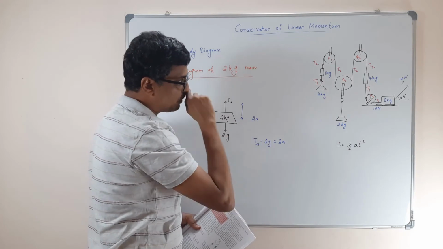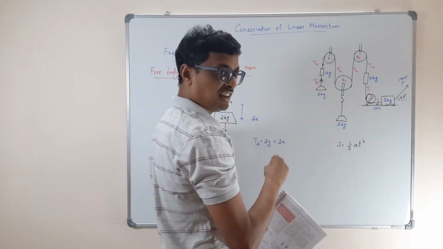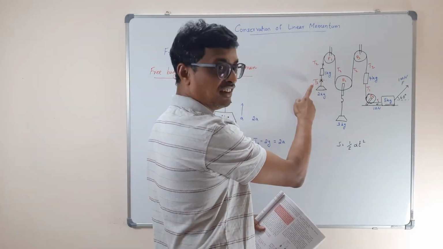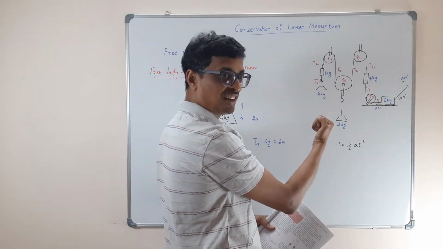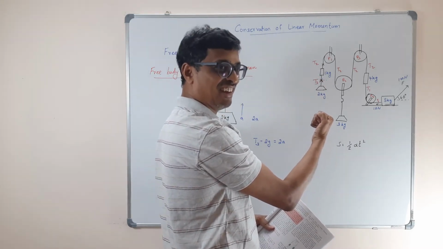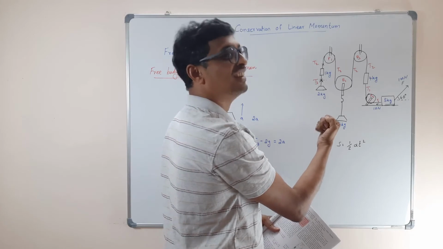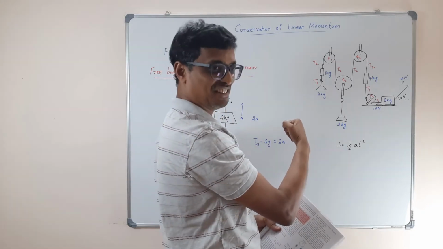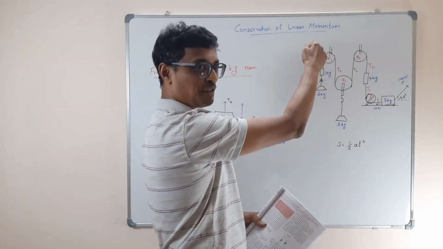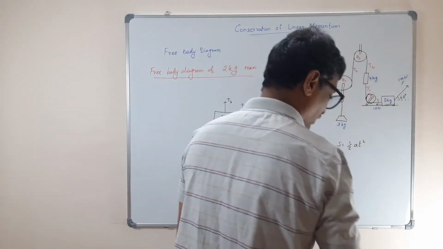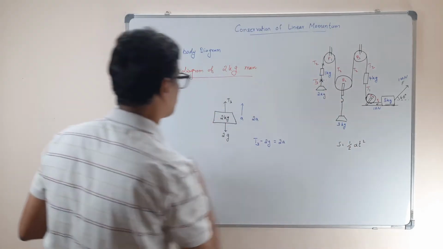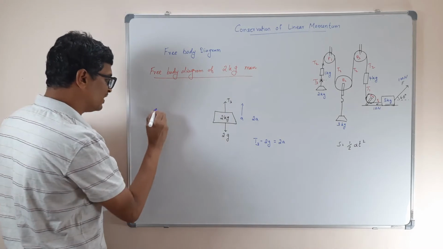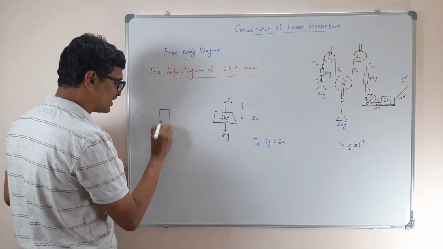Interestingly, when you look at the 1 kg, this T3 will give a downward force, additional to the gravity, and this one will give an upward force. If I want to draw the free body diagram for 1 kg, what are you going to get?